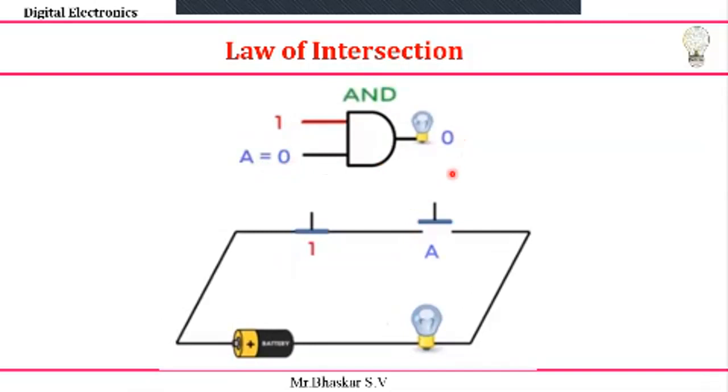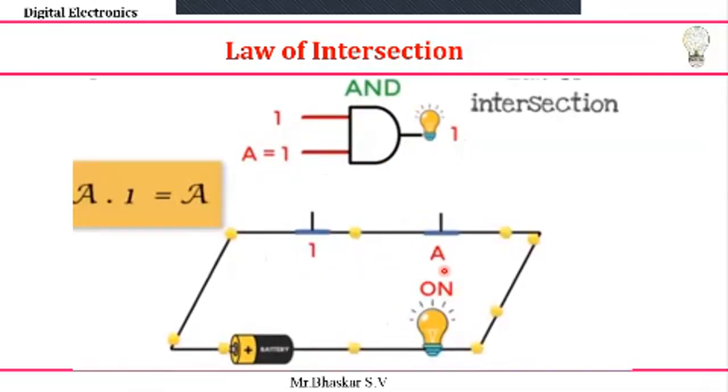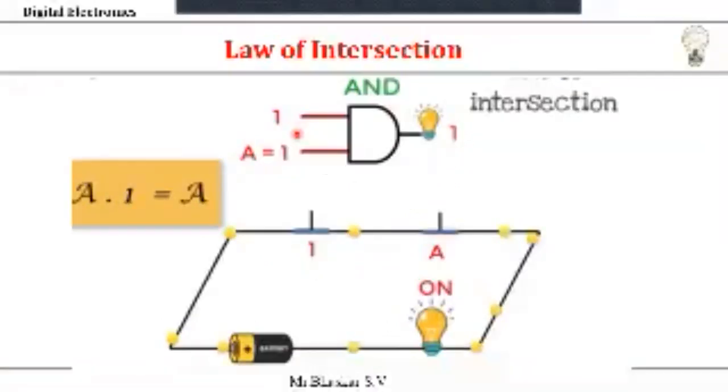In the second case, instead of 0, if I take 1, then 1 and 1 gives 1. The output of the AND gate totally depends on the value of A, keeping one of the inputs high. So I can say that A dot 1 is nothing but A only.